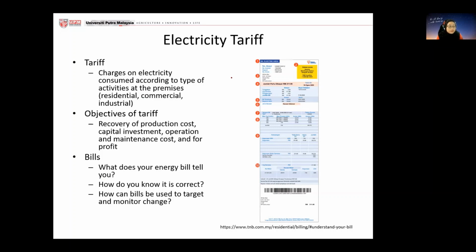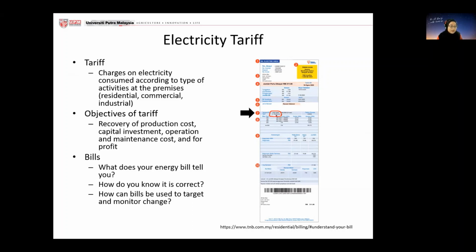So if you look at your bill, ask yourself: what does your energy bill tell you? How do you know it's correct? And lastly, how can bills be used to target and monitor change? Those are the questions. So in terms of bills, number 7 here is what type of customer you are.